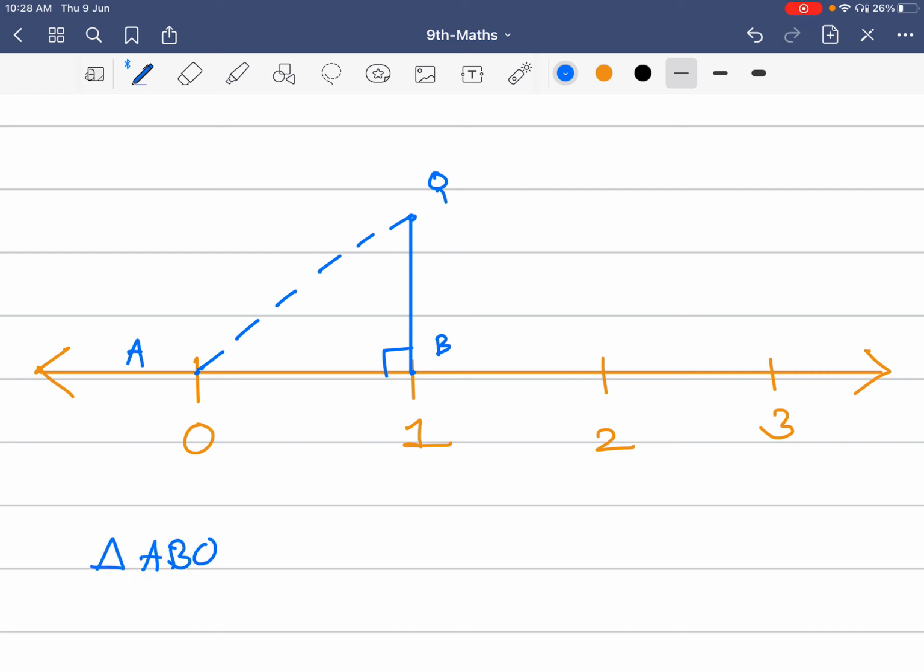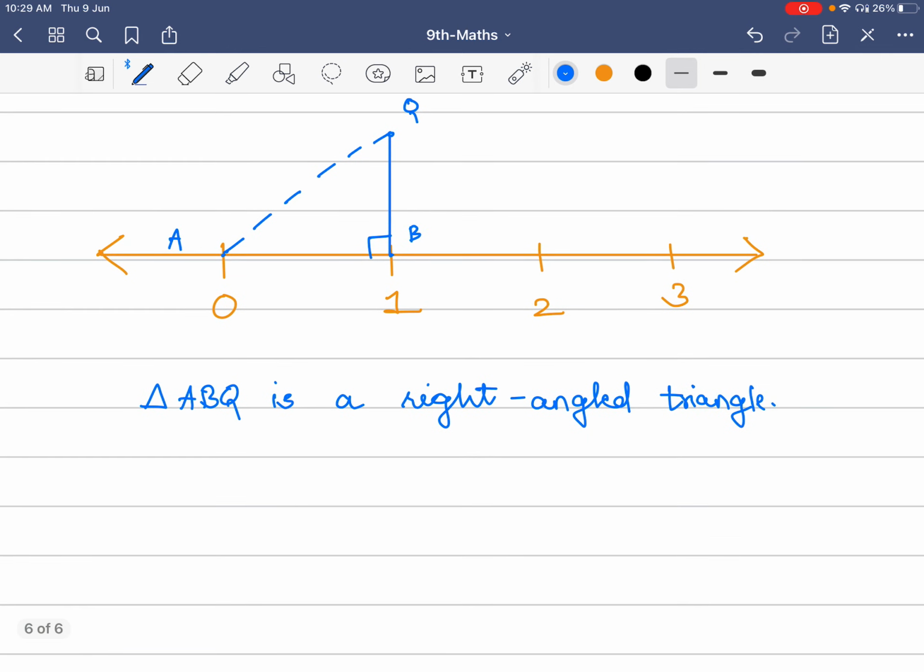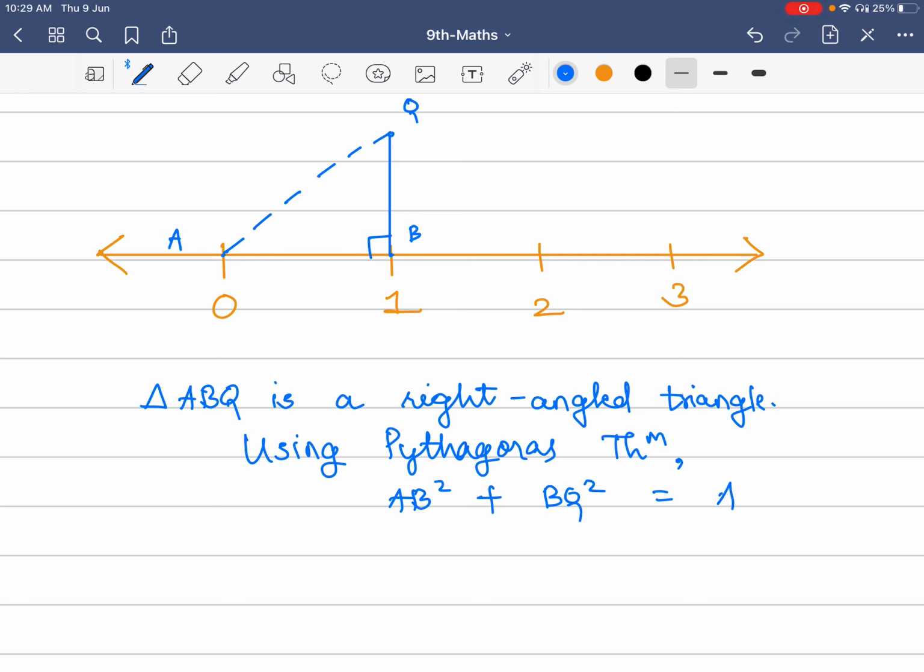Let me note it down here. Triangle ABQ is a right angled triangle. Using the Pythagoras theorem, we have AB square plus BQ square equal to AQ square.